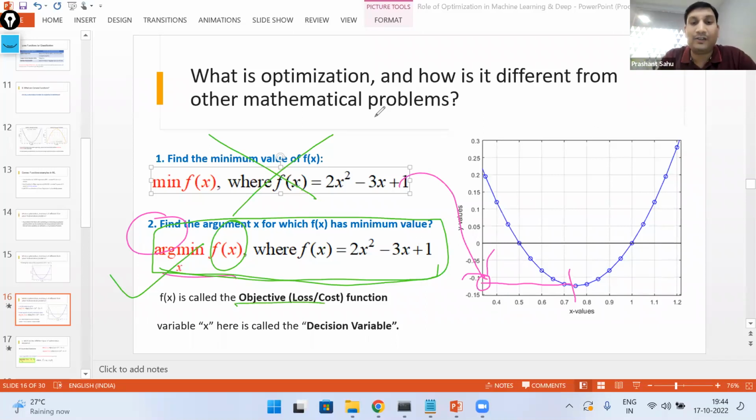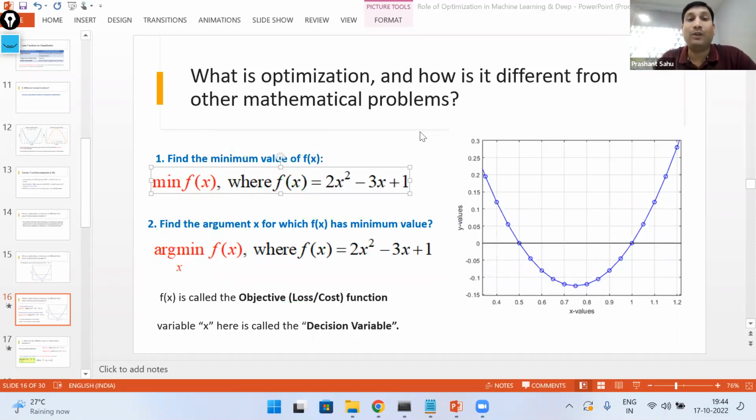So this f of x is your loss function or cost function or objective function. And this x becomes a decision variable, that is the generic term. But in machine learning, this x is nothing but your model coefficients. Most of your machine learning problems are of the second type, where you are not interested to know the minimum value of the mean square error. Rather, my problem is to find out where this function is having a minima.